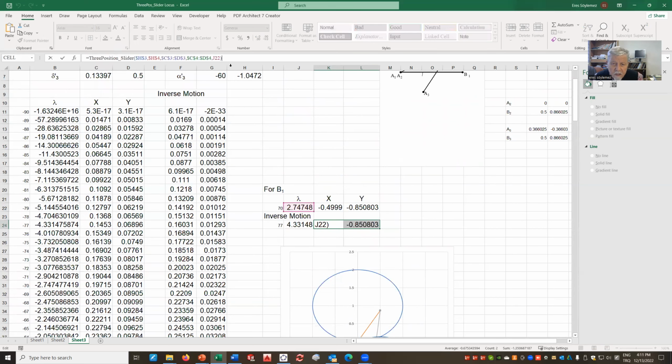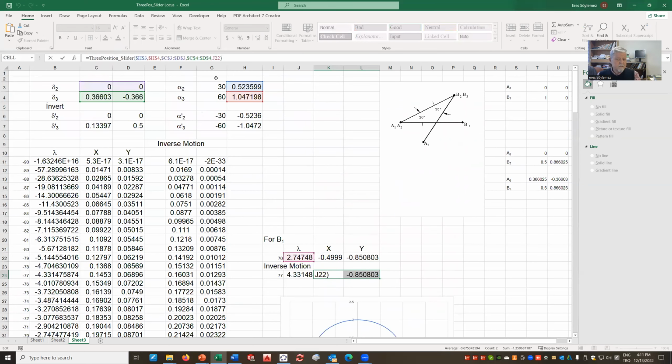Now, I mark these cells. Notice it is delta 2, delta 3 for the original motion. All I have to do is pick this, bring it here. Pick this, bring it here.